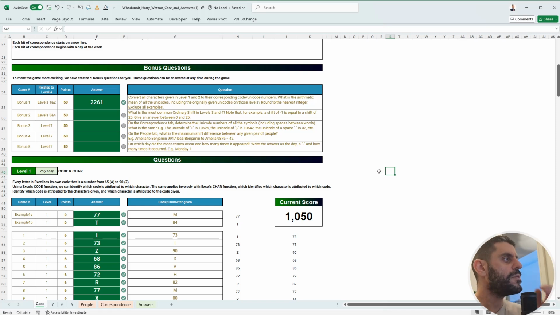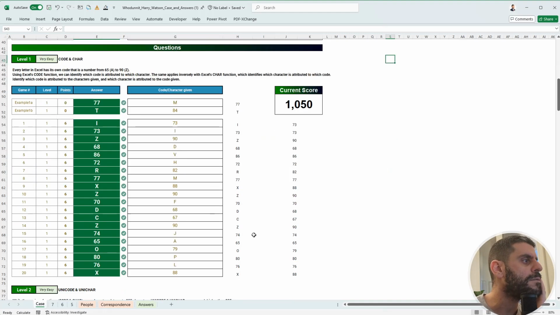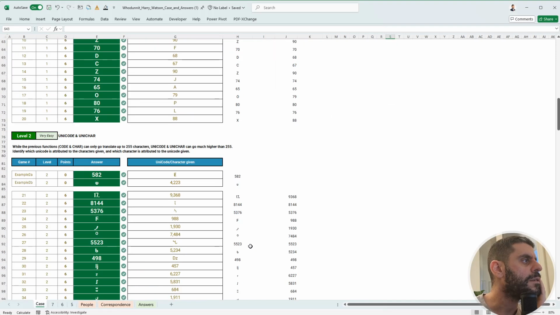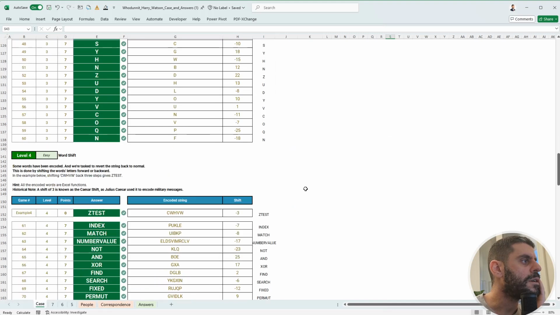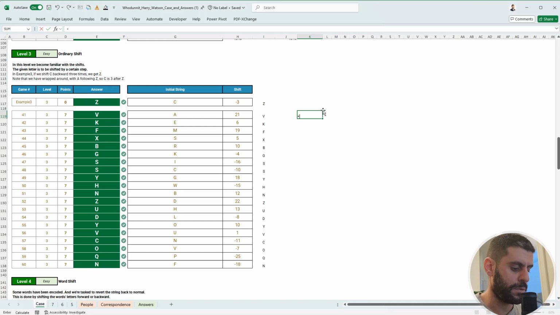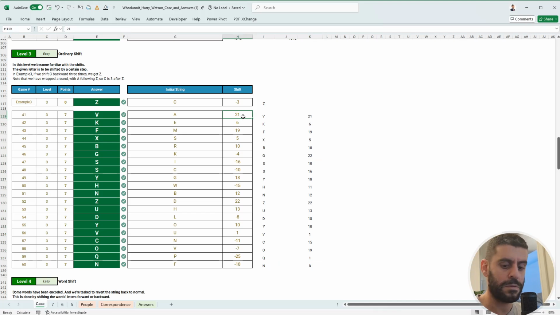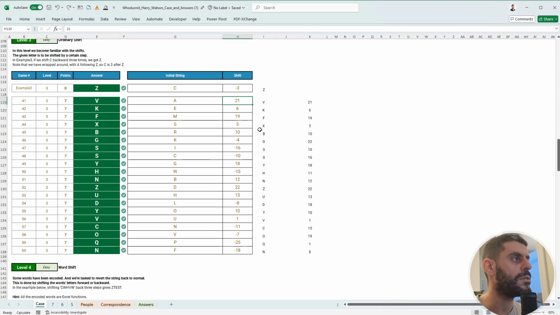Okay. What is the most common ordinary shifts in level 3 and 4? Note that, for example, a shift of -1 is equal to a shift of 25. So level 3 and 4. If this is greater than 0, is this, otherwise it's 26 plus this. -1, okay.